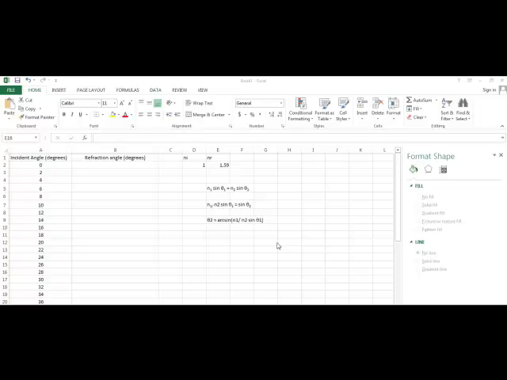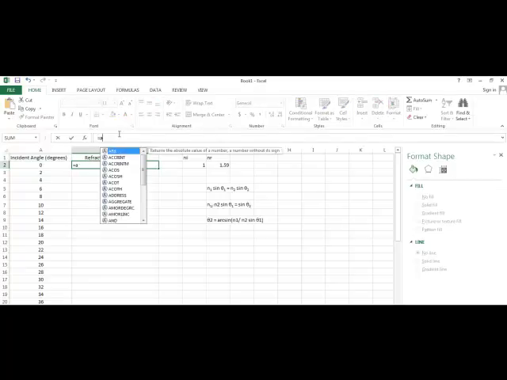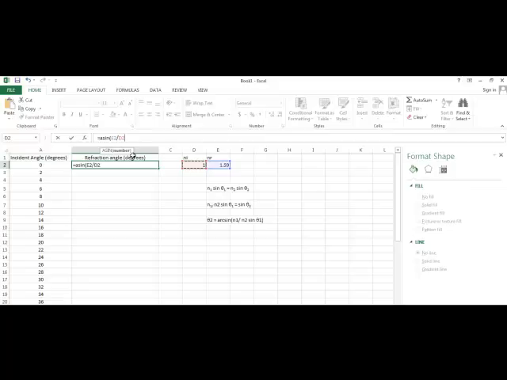A couple of little tricks you're going to need to work through this. First, we have a sine of, and you have the n1 over n2. So this is, again, going to be a sine of E2 divided by D2.